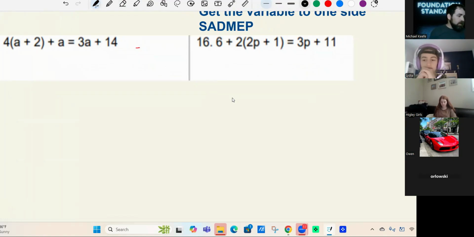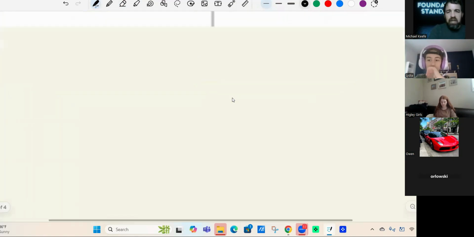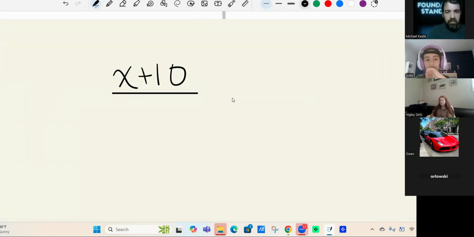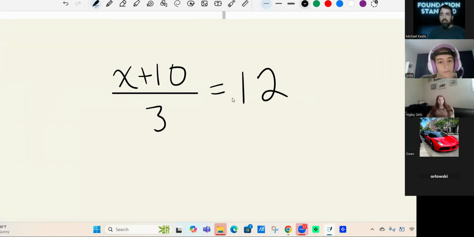Where there's a fraction in your equation, and this is the kind of equation I think that a lot of people have trouble with because they see something happening up here, and they see a number down here. So if you ever have an equation with a fraction in it, the first thing you're going to want to do is look at the top of that fraction, how it's got the two numbers in it.